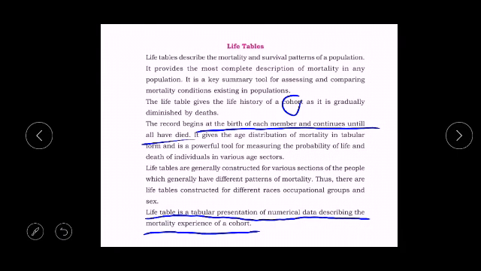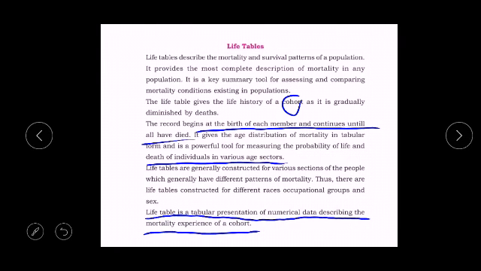It gives the age distribution of mortality in tabular form, and is a powerful tool for measuring the probability of life and death of individuals in various age sectors. So this table gives us the age distribution of mortality in tabular form, that is, at what age people are dying more. Is it within 1 year, or within 5 years, or 5 to 6 years, or 25 years, or 35 or 40 years?